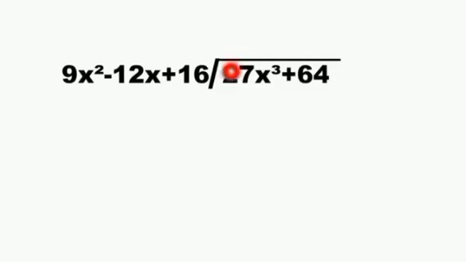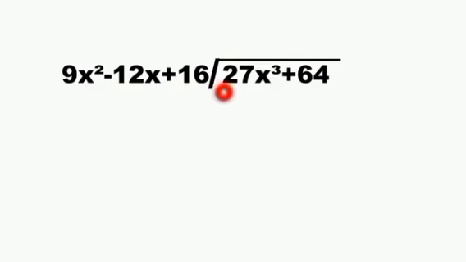Next, 27x cubed plus 64 is divided by 9x squared minus 12x plus 16. We have here the dividend is a binomial, 2 terms, and the divisor is a trinomial with 3 terms.